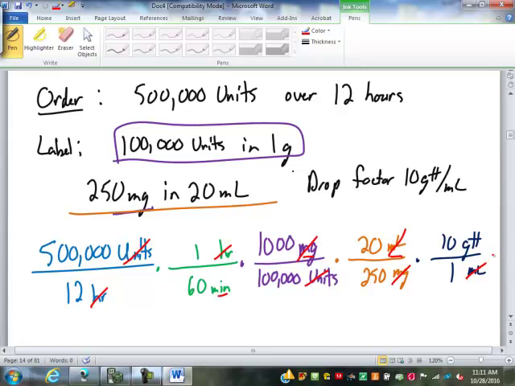Now, if you go to punch this in your calculator, many of your calculators are going to either struggle with the zeros or throw you into scientific notation. To avoid that, I am going to go ahead and cancel some zeros. I usually cancel them 3 at a time, just because it's easier that way. So I've got 3 zeros here.